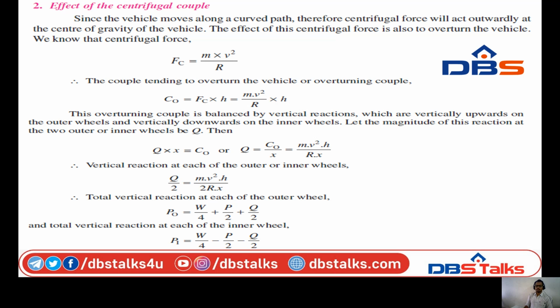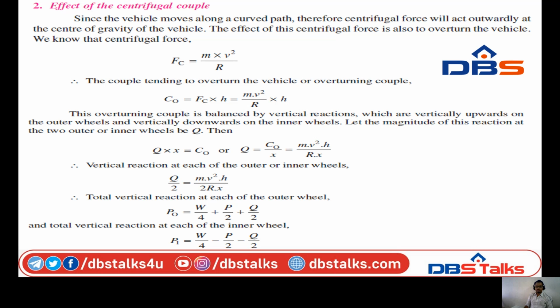Let us consider the magnitude of this reaction at the outer wheels, that is, two outer wheels and two inner wheels, as Q. Then Q into x equals C naught, or Q equals C naught by x, where C naught is the overturning couple. Substituting the C naught value, Q equals m v square h by r into x.